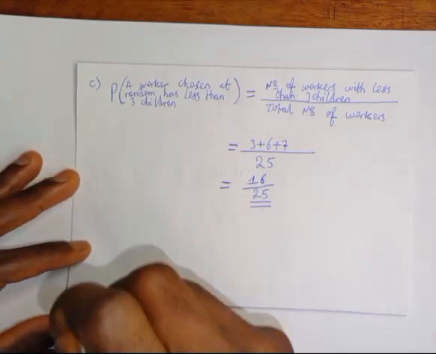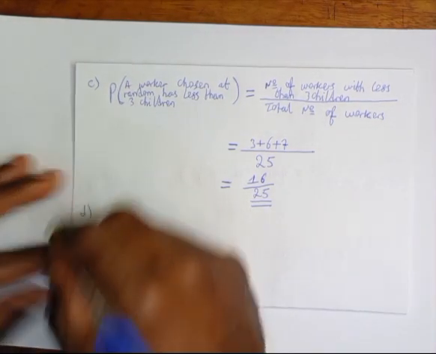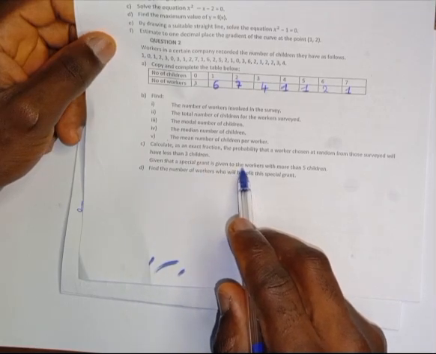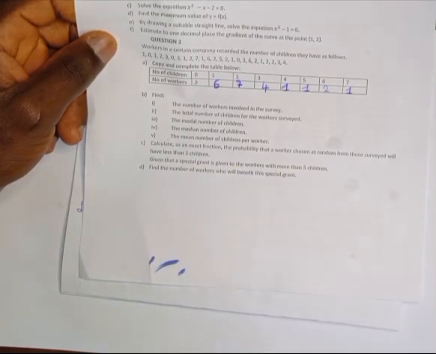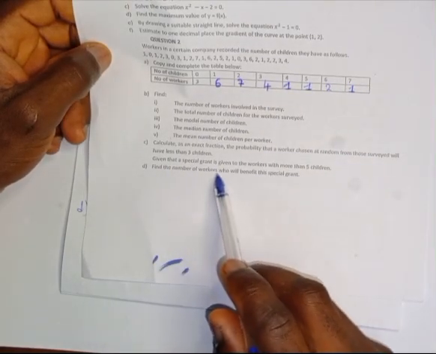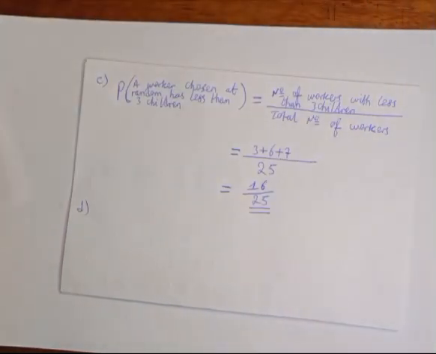We go now to question D. Given that a special grant is given to the workers with more than 5 children, that means 6, 7, find the number of workers who will benefit from this special grant.